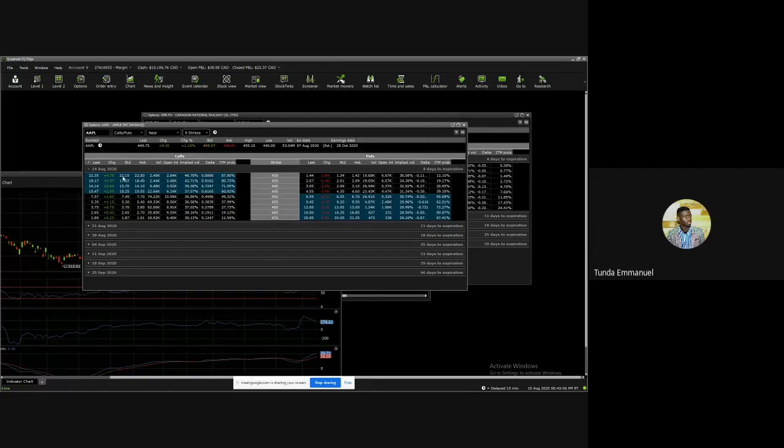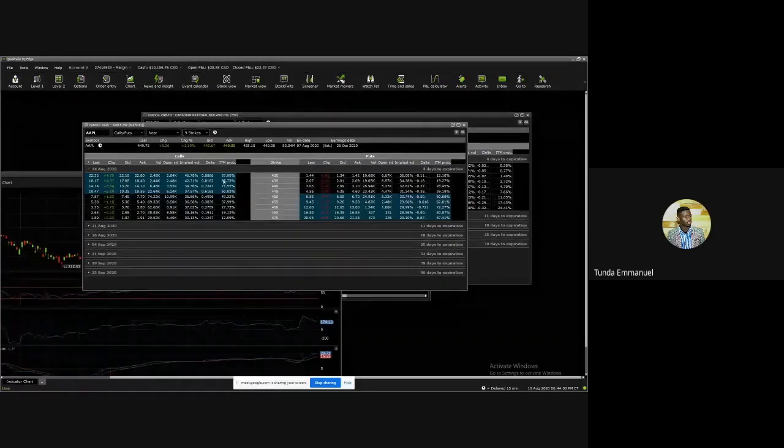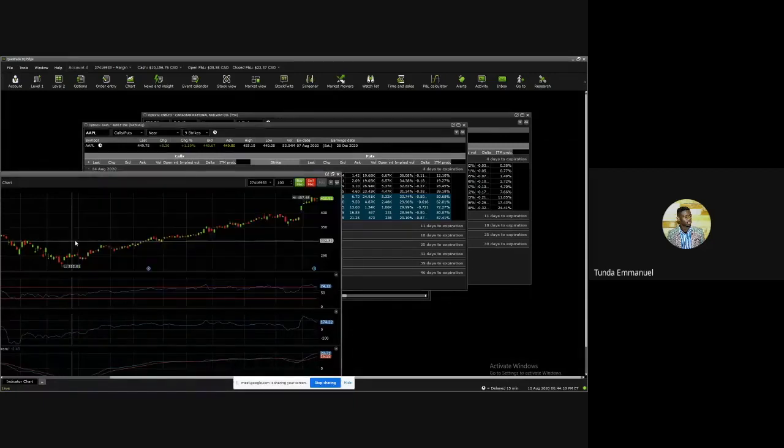You can buy it for $22.15, which is $2,215, and you will control 100 shares of Apple, and you only have to pay $22.15 as a premium. This one is already in the money, which means it is already in profit, because the market is already at 450.